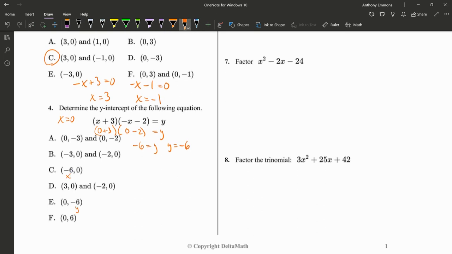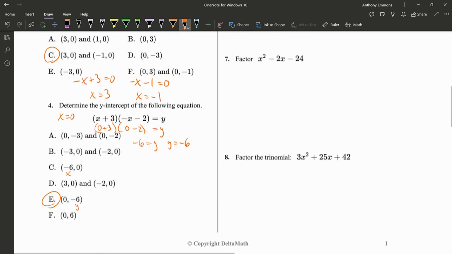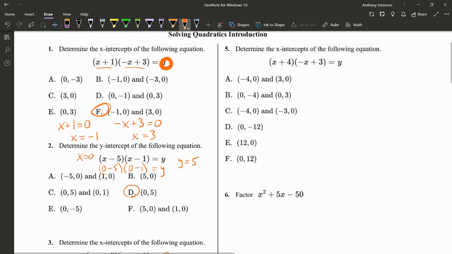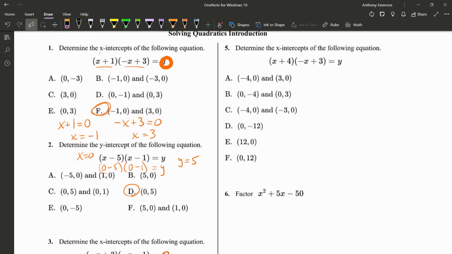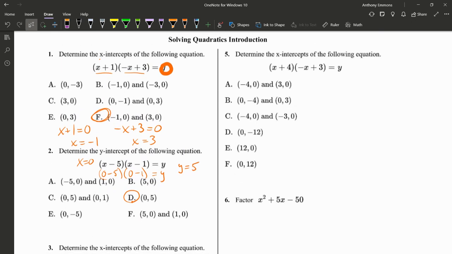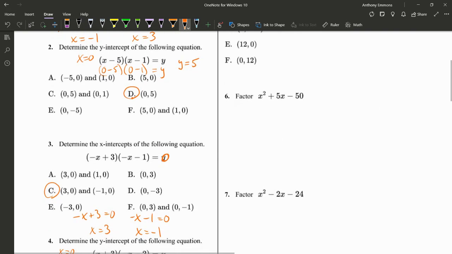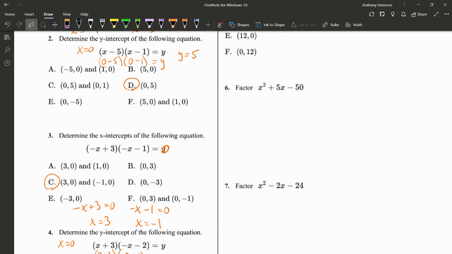Oh, there we go. There's our y value. E. Okay, so you'll do a couple of those, finding the x-intercepts and the y-intercepts. But just so we're clear, in these next few sections, we are going to be more concerned with finding x-intercepts. Just so you're aware.